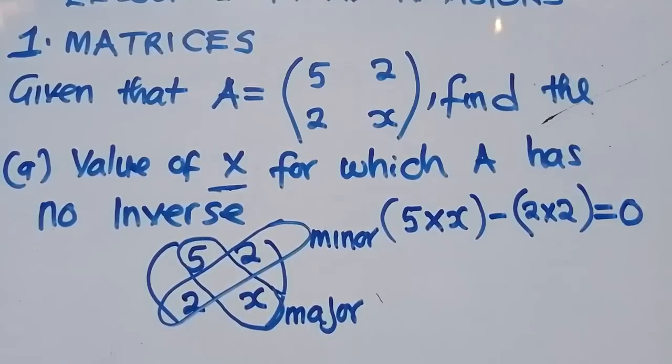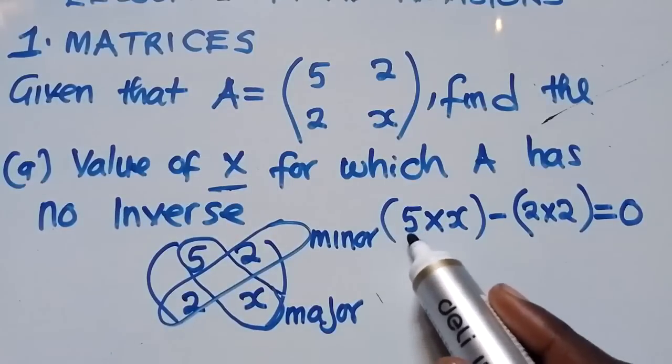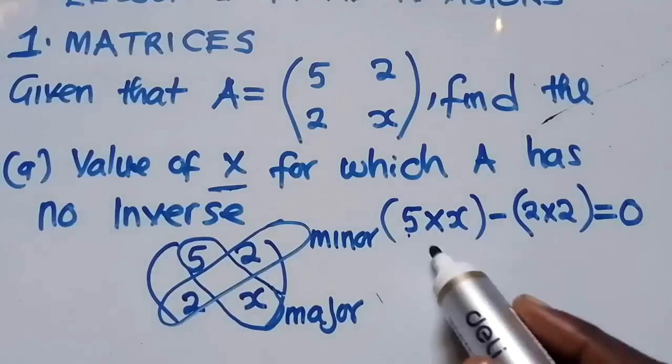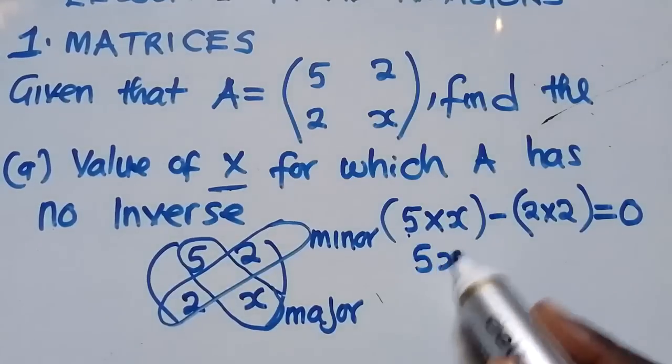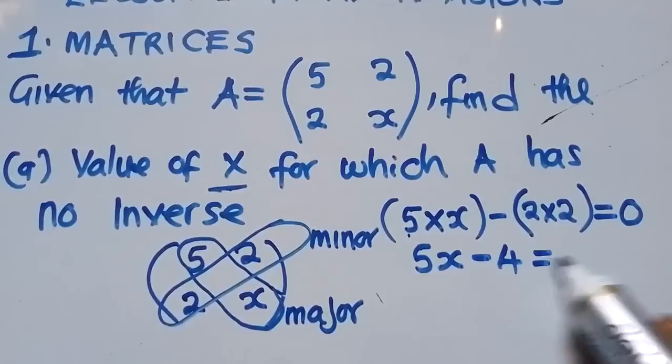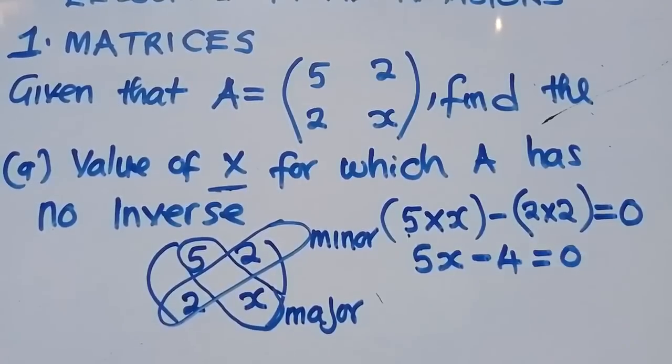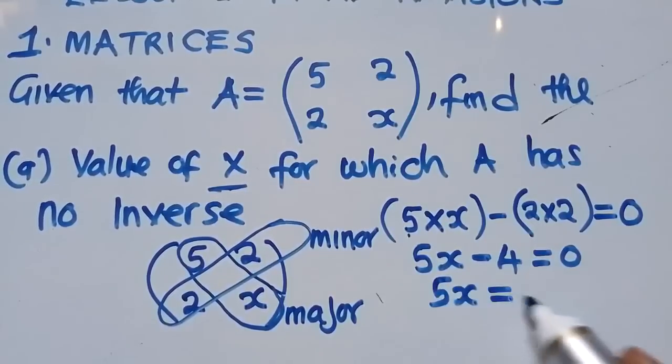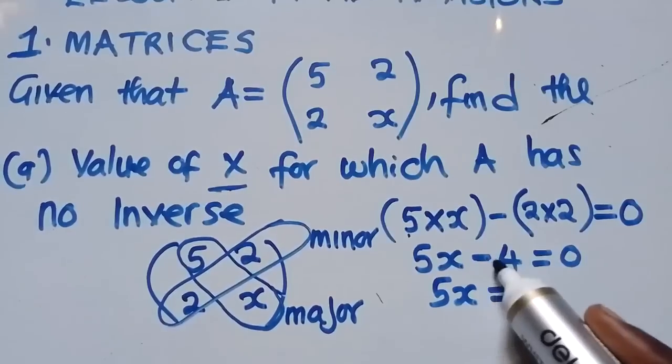So the determinant is 0. What is 5 times x? It is 5x. Minus, what is 2 times 2? It is 4, which is equal to 0. From here now, you group the like terms together, where you are going to say 5x is equal to negative 4.